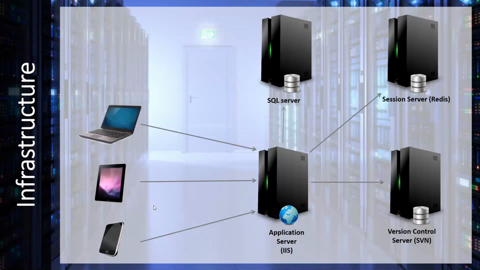The site itself is hosted on an application server or IIS server. The site itself refers to the actual layout, the buttons you click, the stuff that you actually interact with on the website. All that is hosted on the application server. However, none of the data in the site is hosted in the application server. The data is instead stored in a SQL server.